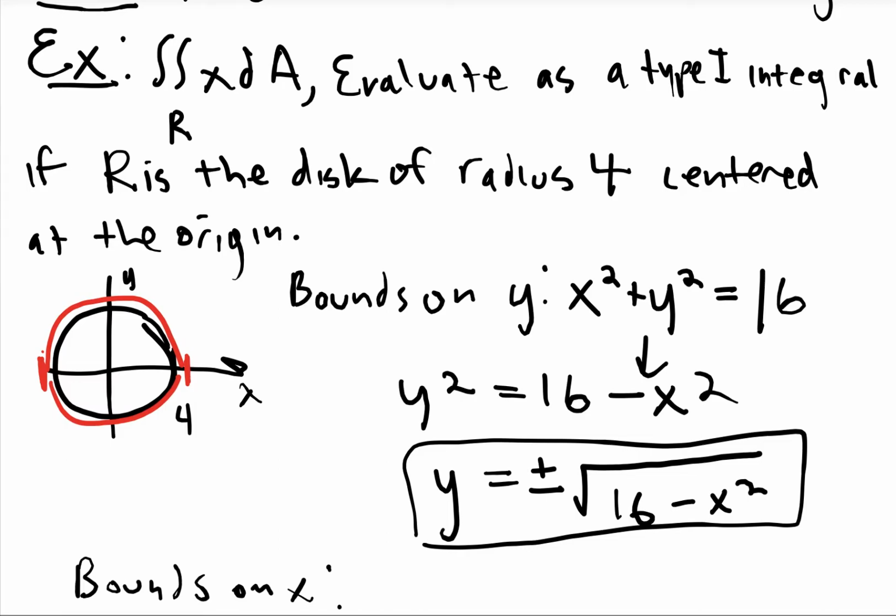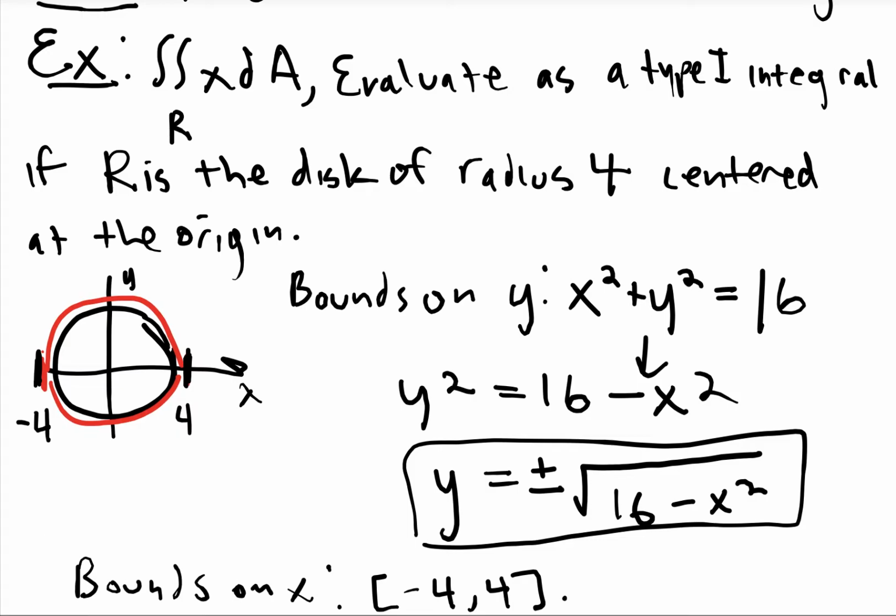I've got a circle of radius 4. I've already marked out what the furthest we can go towards the right in the x direction is. Hopefully it should be pretty clear that the furthest we can go off to the left is going to be minus 4, right? So I'll go with minus 4 to 4 as that collection of bounds.